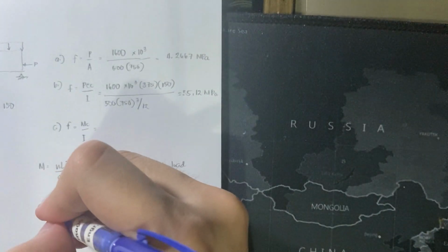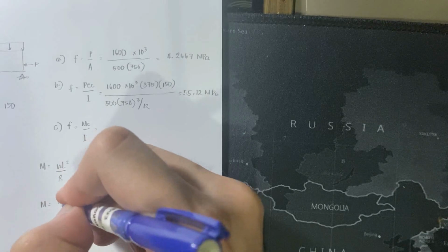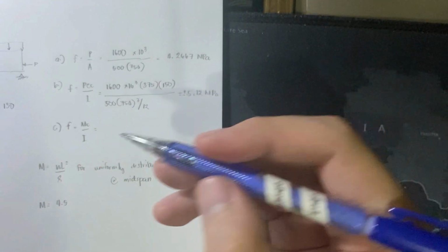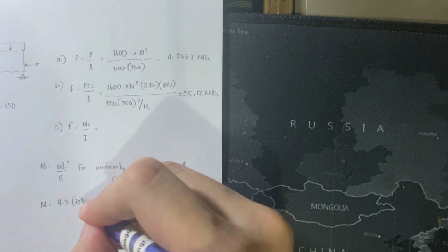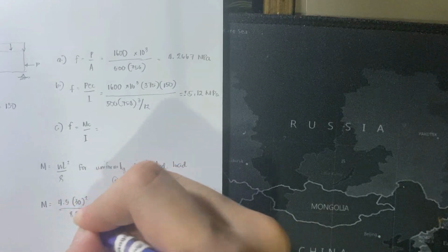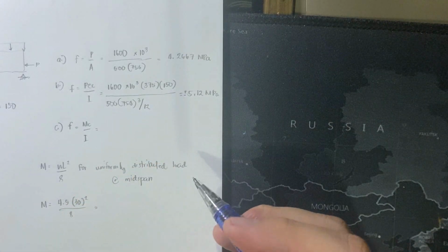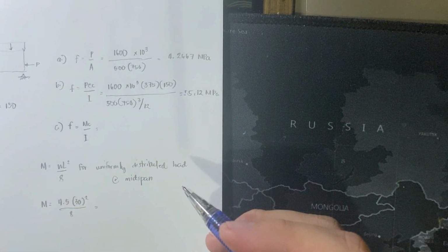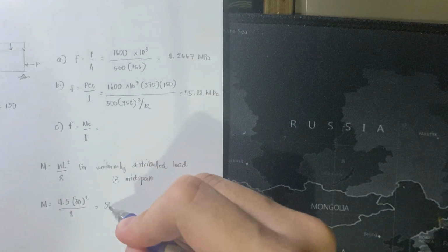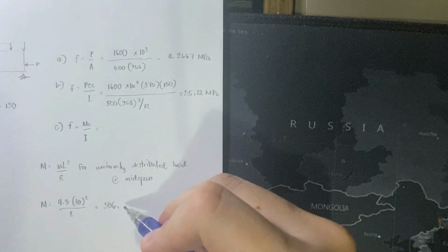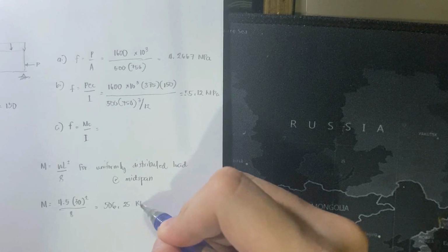So using that formula, so 4.5 multiplied by the span is 30 meters squared divided by 8. So that would be equal to 506.25 kilonewton meter.